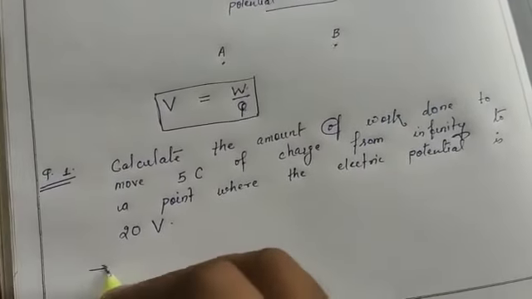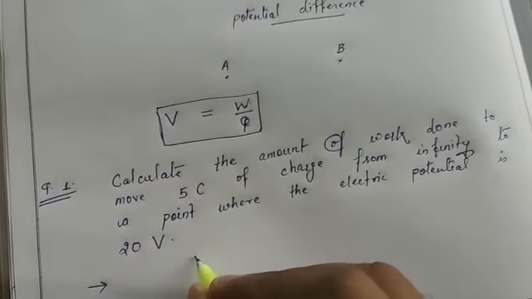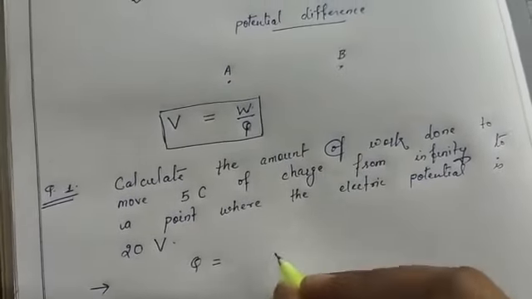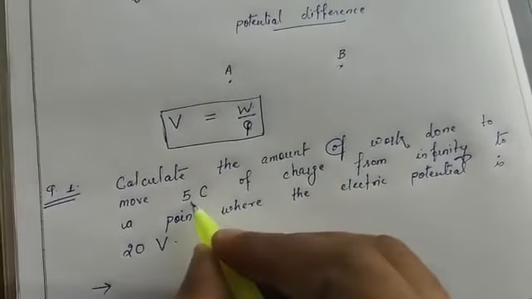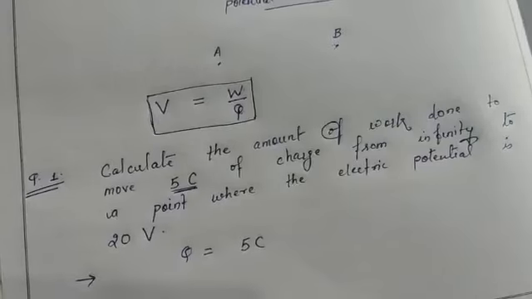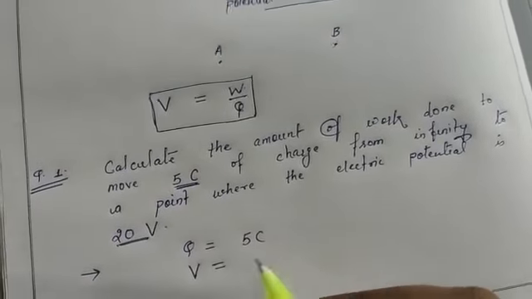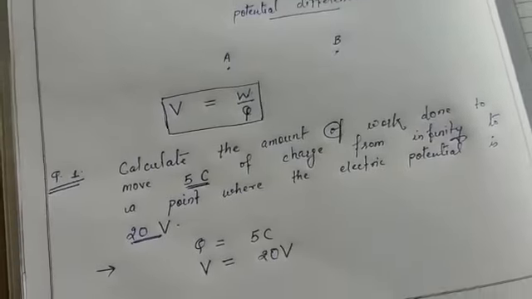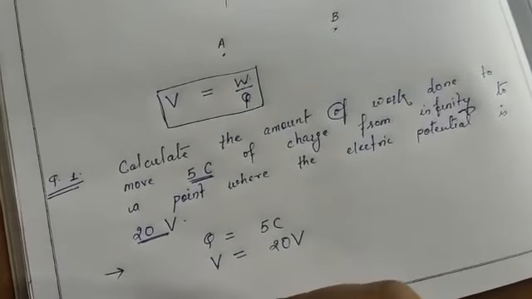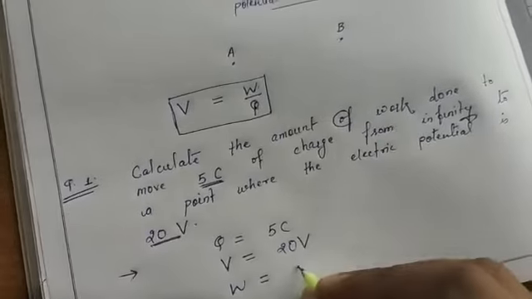Means in this question we have been given the value for charge as 5 coulomb and the value of electric potential as 20 volt, and we have to find out work done.